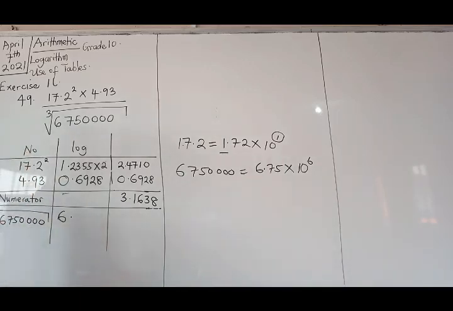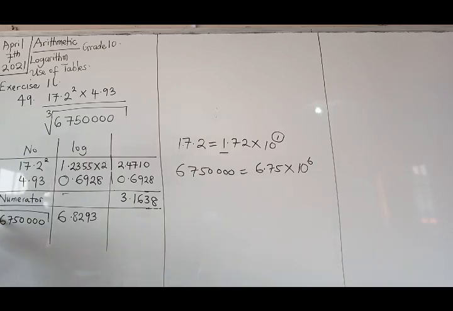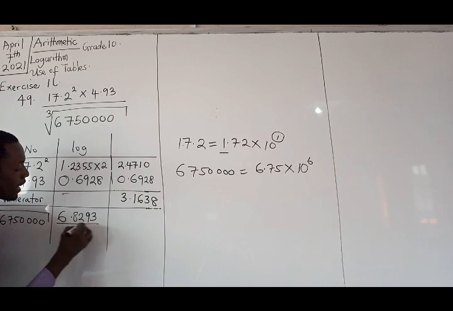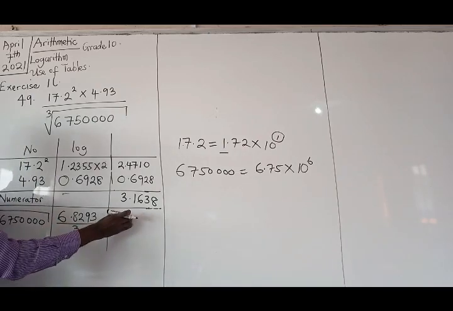I'll go to my 4-figure table and check 67 under 5. What does that give me? 67 under 5 will give us 8293. But recall that we have a cube root sign here, is that not? So what that means is that we divide this by 3. Whatever you get here, transfer it here.